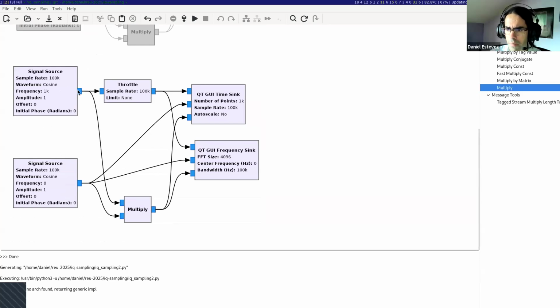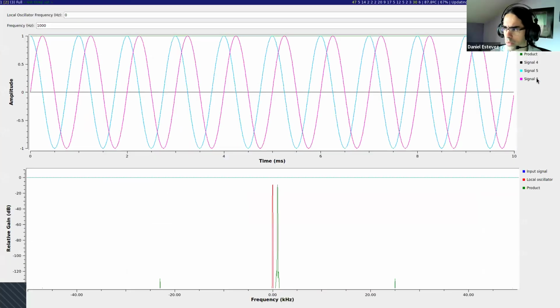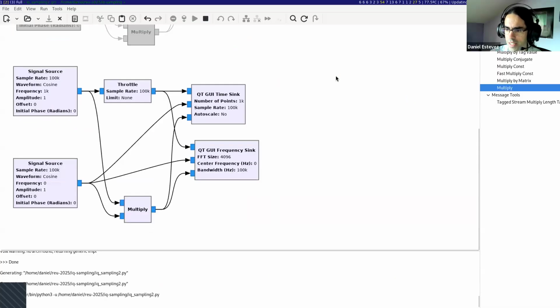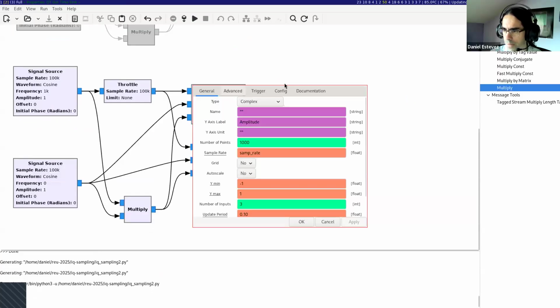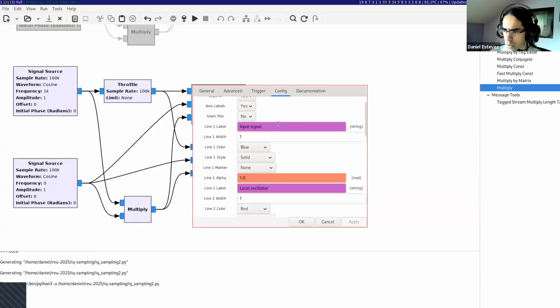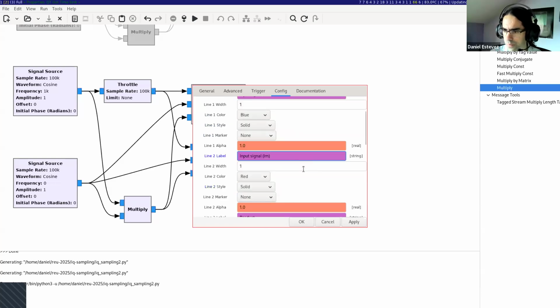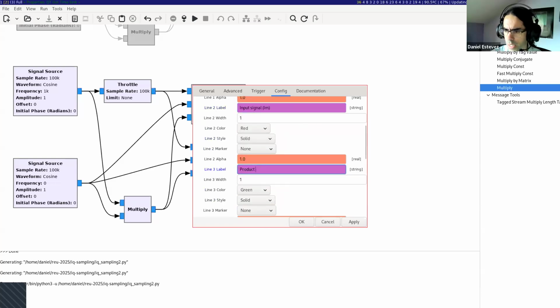So I think I'm going to just go ahead and play this. I will disable my, oh, I need to change the labels because now I have a real part, imaginary part, etc. So these labels are no longer true. So I'm going to say real part, input signal, imaginary part, the product.